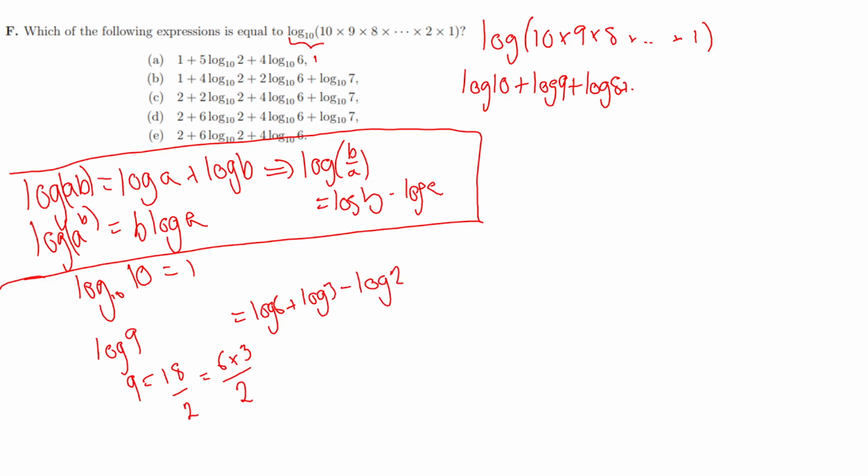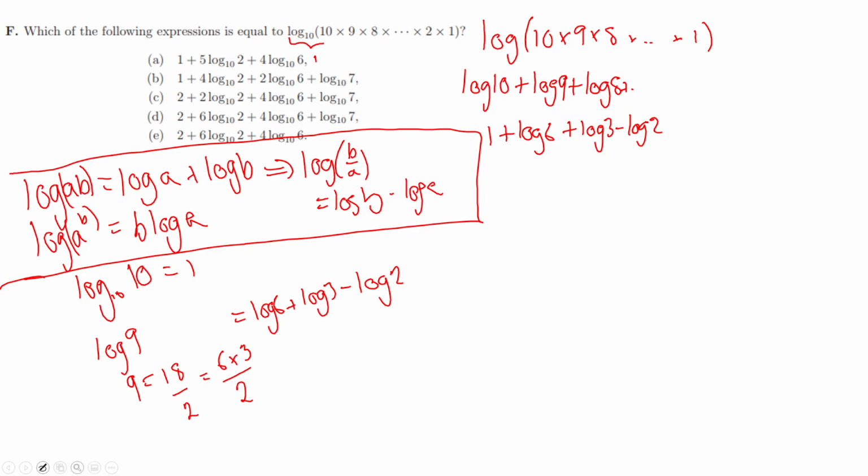This log 3 we will deal with later, but just ignore it for now, and we'll sort it out later. So we now have 1 plus log 6 plus log 3 minus log 2.